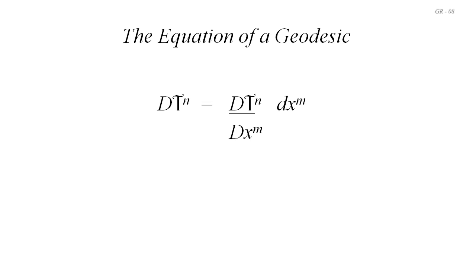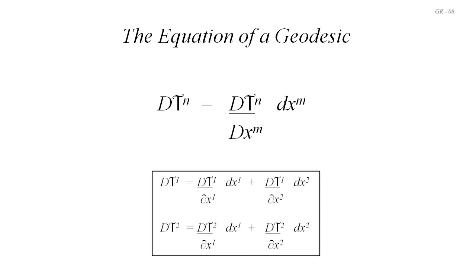Now, if you're still a bit uncertain about interpreting the Einstein convention and therefore not sure exactly what this equation is saying, we can say that in two dimensions, if x1 changes by dx1 and x2 changes by dx2, then each of the two components of the tangent vector t1 and t2 will change by capital DT1 and capital DT2 given by these two equations.